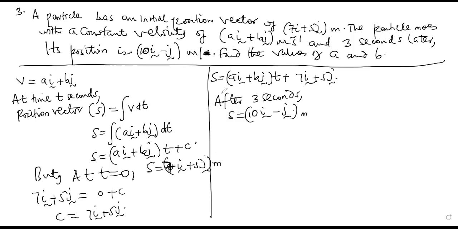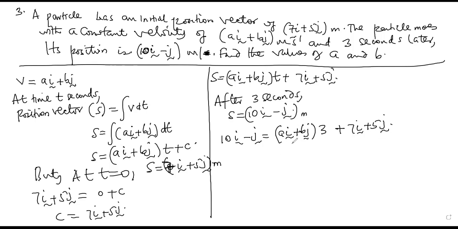So it means that if we substitute here, 10i minus j is equal to ai plus bj. Now time has been specified as 3, after 3 seconds. So 3 plus 7i plus 5j.